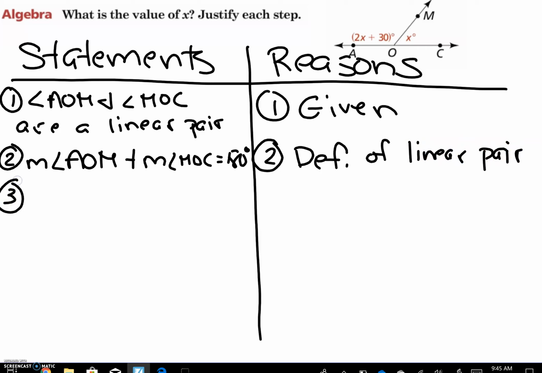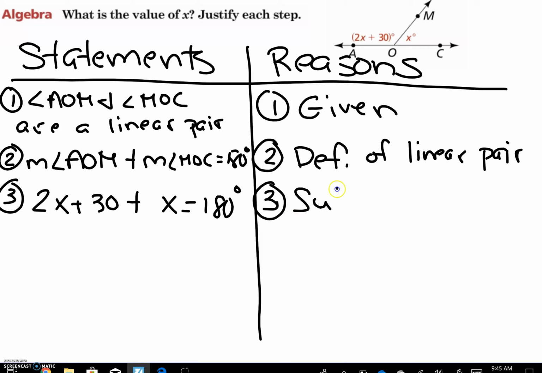Step 3, now let's go to solve. So 2x plus 30, that's AOM, plus x equals 180. What's the reason I'm allowed to take this information and put it here? Well, that's just substitution. Substitution.